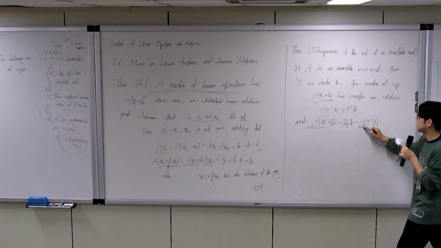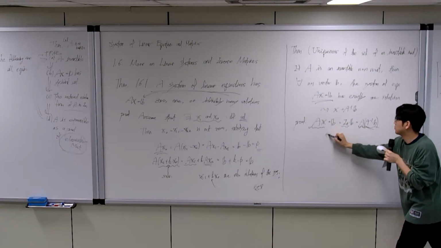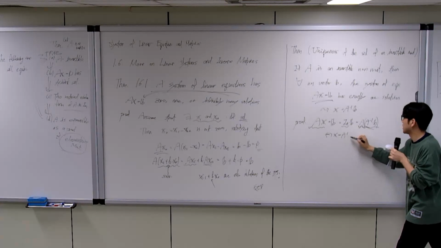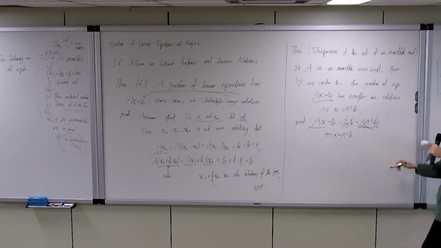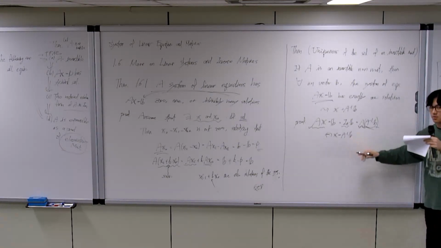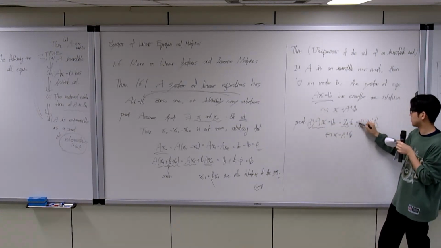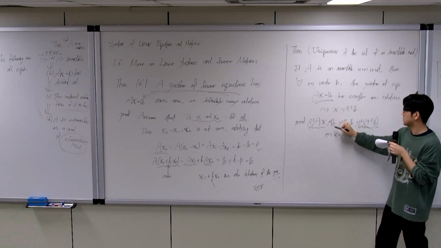So it means x is A inverse multiplied by the vector b. Actually, by multiplying A inverse on each side, we get that.